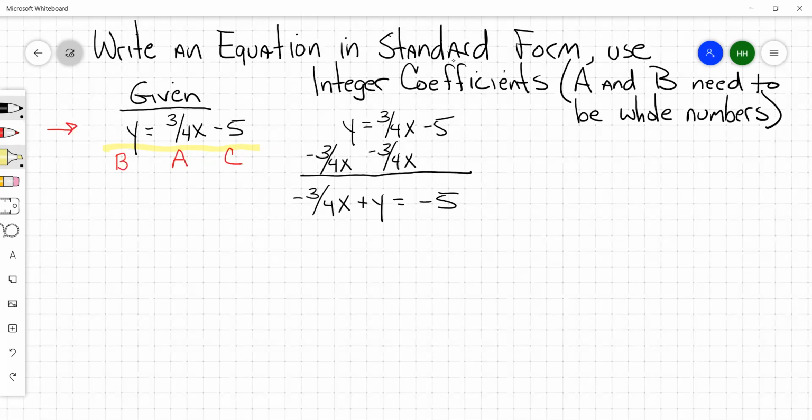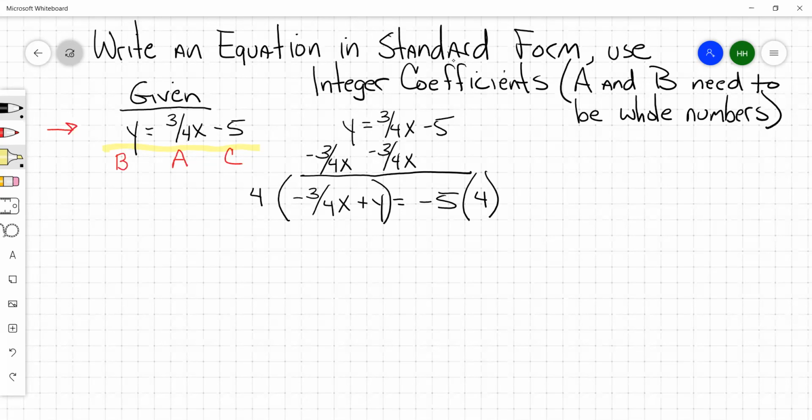So when you take this equation and you need integer coefficients and you multiply the left side by 4, you got to multiply the right side by 4.